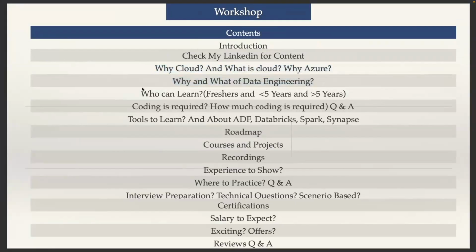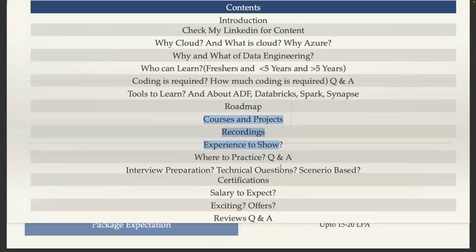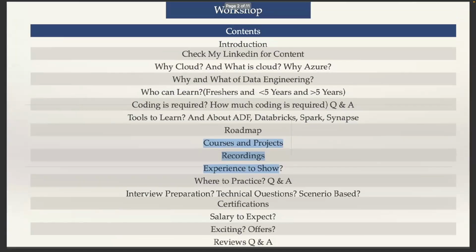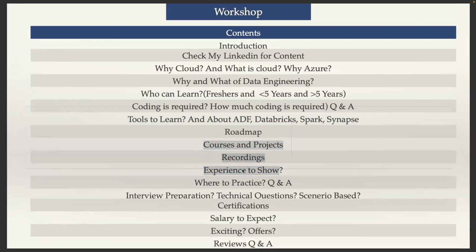Then who can learn and who is the right fit, and whether coding is required or not. Then the tools we need to learn and the roadmap. Then where and how to practice for the interview, and all of those questions. And in the end we will discuss the salary you can expect, certifications you can do, and all of that.